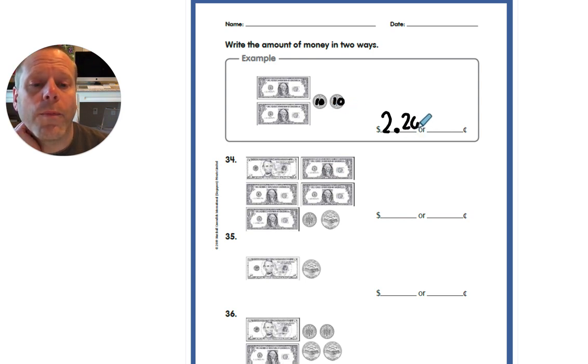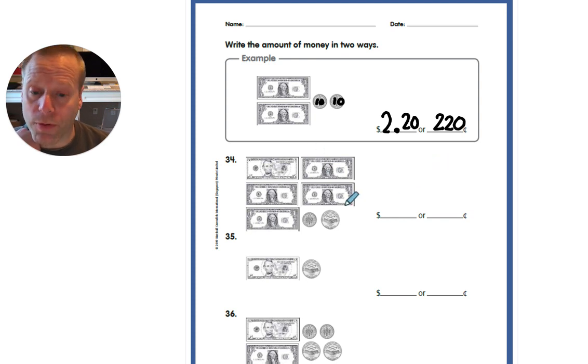So writing it this way is the normal way to do it, but you can just get rid of the decimal point, just get it out of there, and just go 220 cents. This shows them separate. This puts it all together into one big pile.